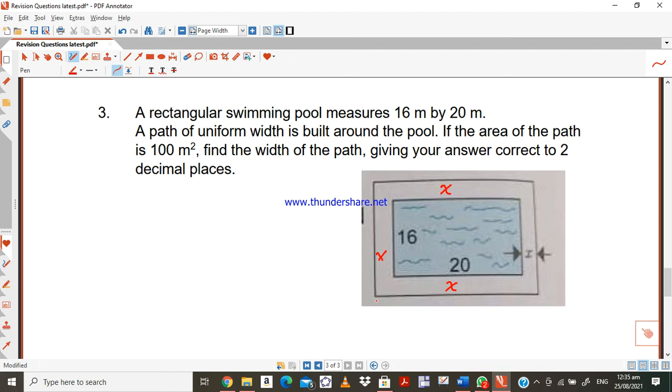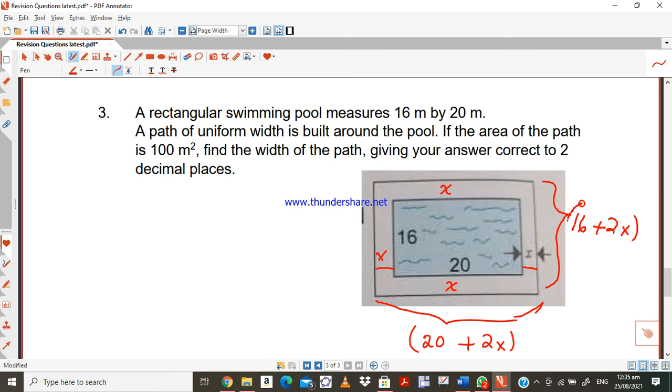So if I look at the outside, this distance here will be 20 plus 2x. That will be the distance on the outside. Also, the distance here on the outside is going to be 16 plus 2x. I hope you get that.